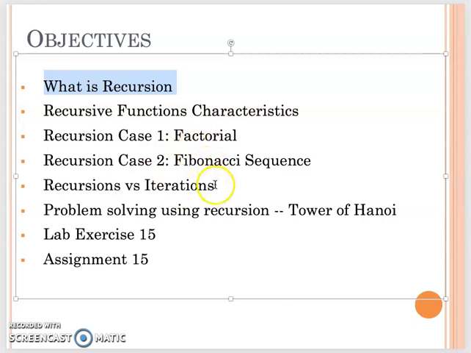So then we will discuss when we need to use recursion, when we need to use the iteration to solve the problem. So the last one, case study, let's do the Tower of Hanoi. So we will talk about that using the recursion to solve that problem. Of course, you can think about it's possible without recursion we solve that problem.